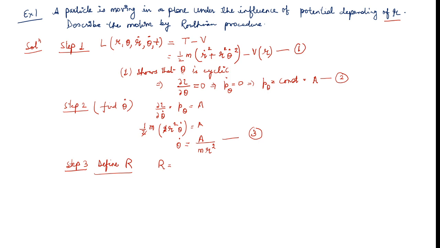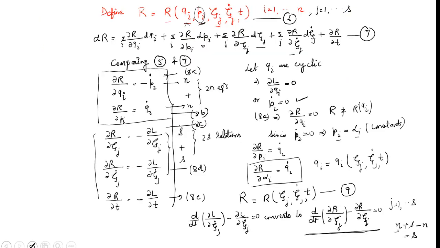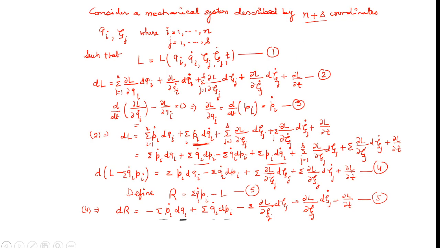Theta is the cyclic coordinate, so your R will be theta dot p theta minus L. You can see in the previous sheet that you have defined your R with the help of L, from this combination of the velocity corresponding to the cyclic coordinate and p_i.